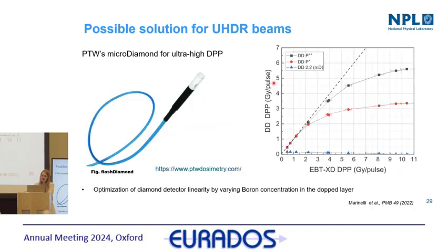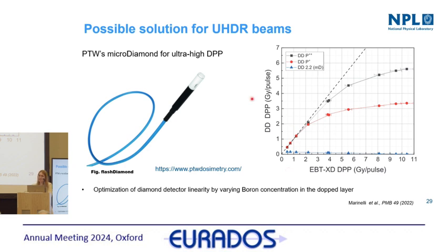But another step has been taken by the original developers of microdiamonds from University of Tor Vergata, Marco Marinelli and Gianluca Verona Rinati, who have demonstrated that apart from changing the active area or active cross-section of the microdiamond, it's also possible to vary the concentration of the boron within the sensitive area of this detector to even further improve the performance of this detector.